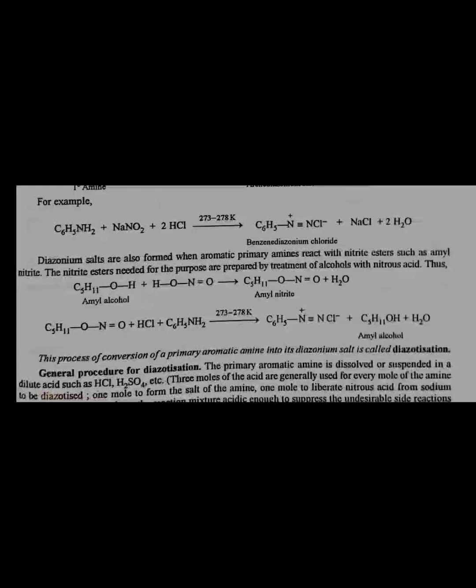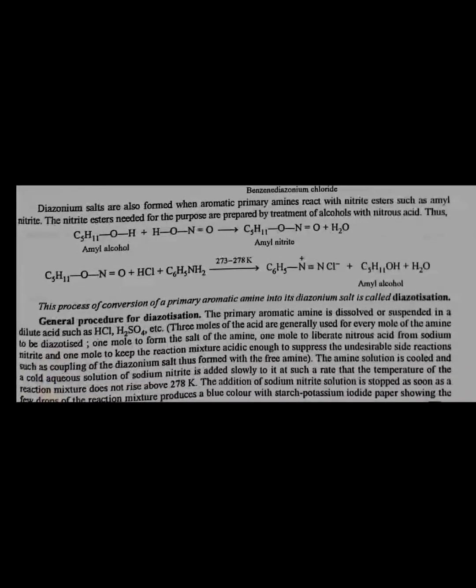The nitrite esters needed for the purpose are prepared by treatment of alcohols with nitrous acid. Thus, this process of conversion of a primary aromatic amine into its diazonium salt is called diazotization.